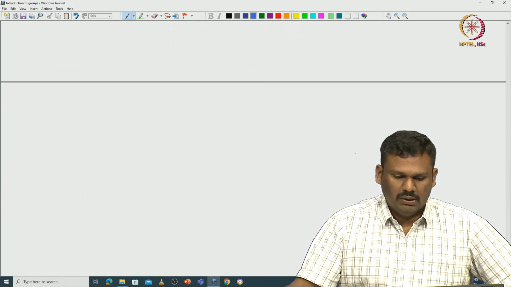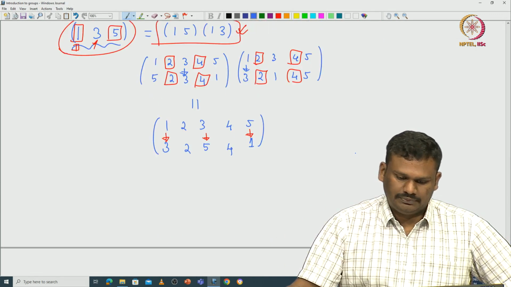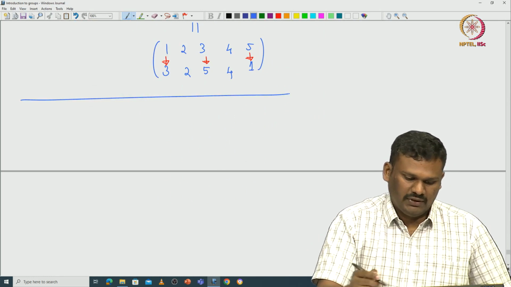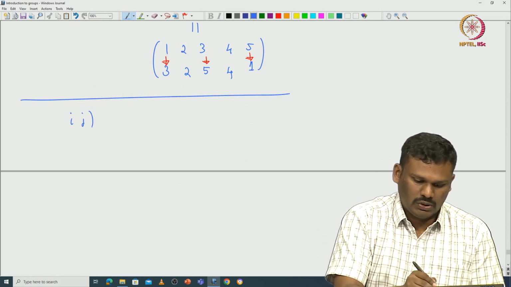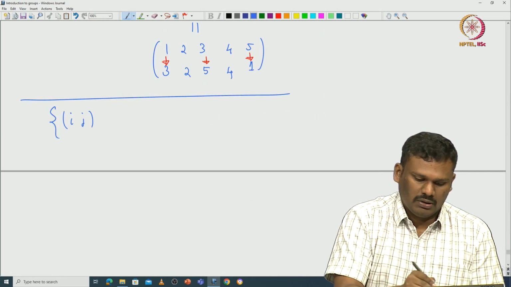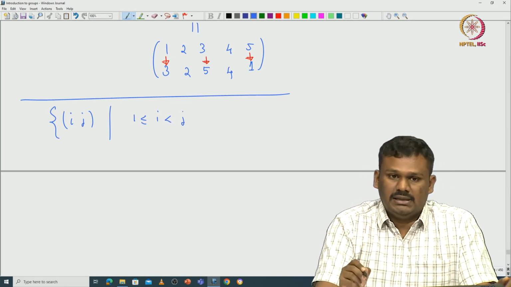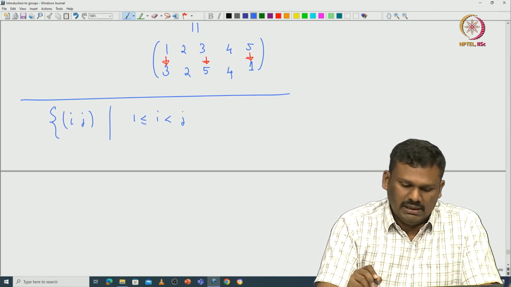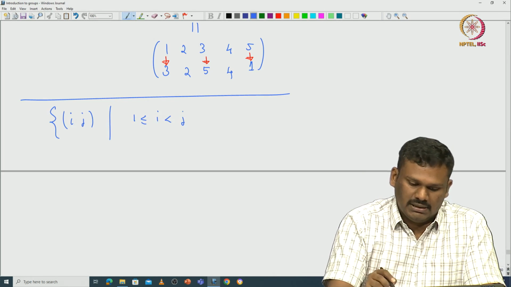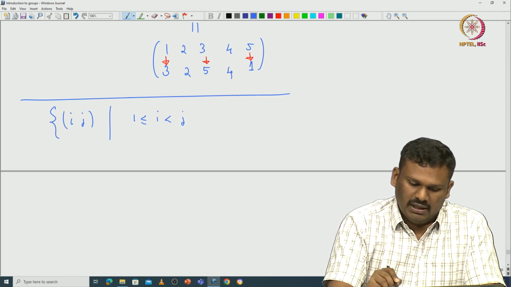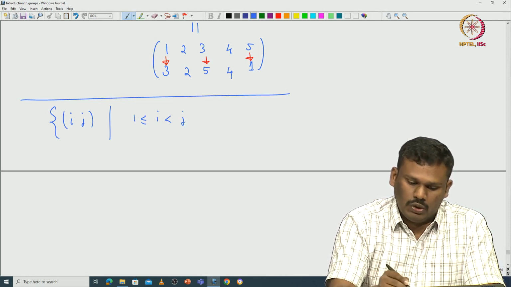Now, here are somewhat special transpositions. Transpositions are also very important. Transpositions look like this, (i j), where i and j both come from 1 to n. One can rewrite (i j) as the same as (j i). So, one can index these transpositions as follows: you write (i j), where i and j come from 1 to n such that i is less than j.